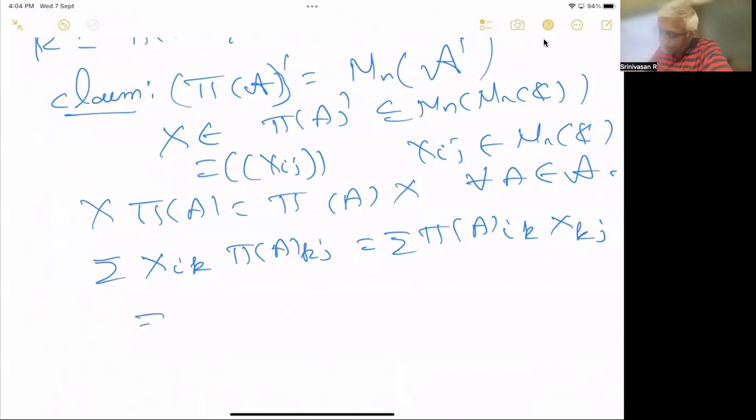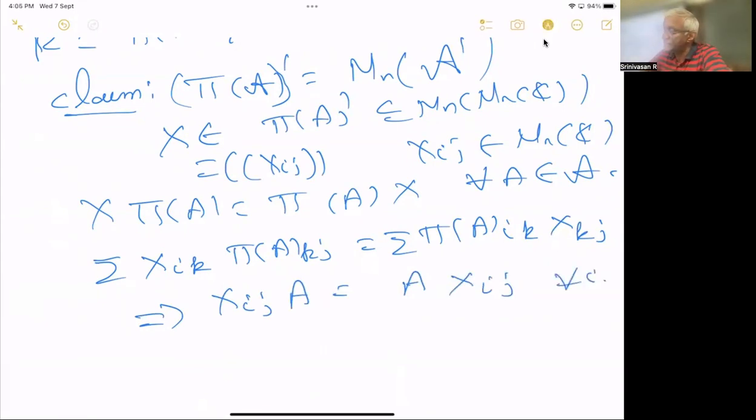So this implies Xij times pi of A, and pi of A is just A, times A is equal to A times Xij, for all i, j and for all A. That's what it means.